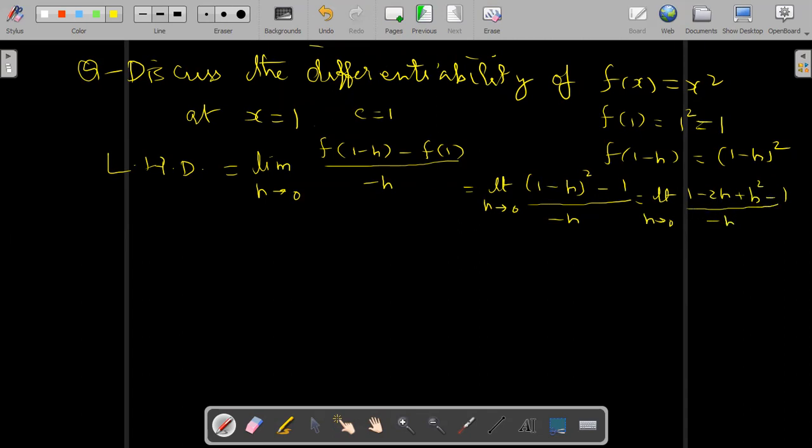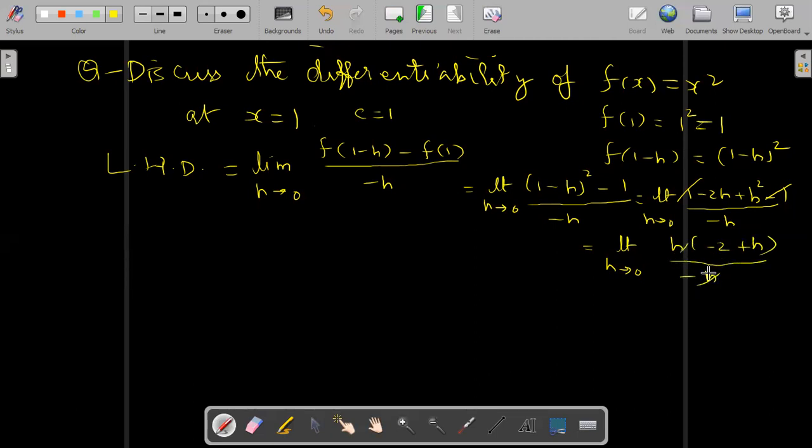As you know, this type of limit can only be calculated when the denominator h is cancelled or absorbed in some formula. Otherwise, this will become infinity. So here also this will be cancelled, then you can put the value of h as 0. Minus 2h plus h square, so h you can take common: h times (minus 2 plus h), and this h over minus h will cancel.